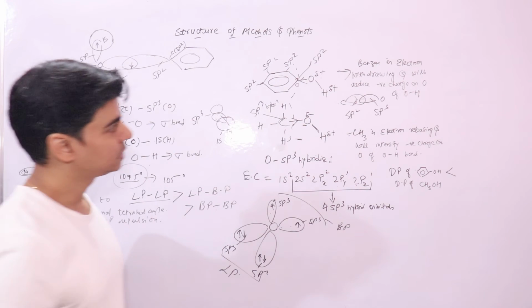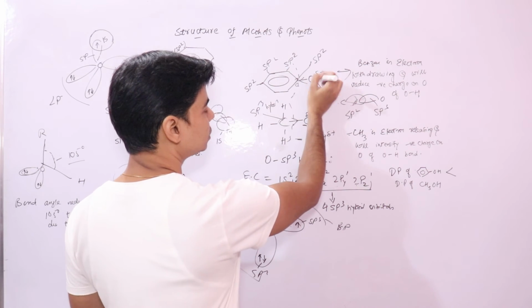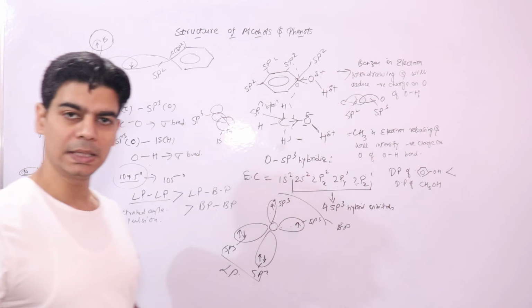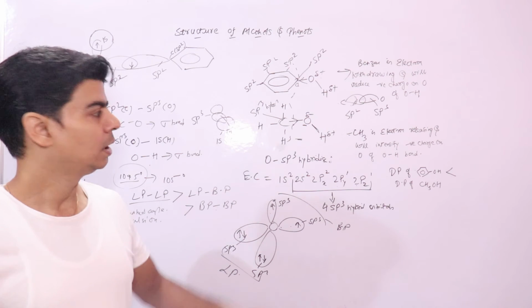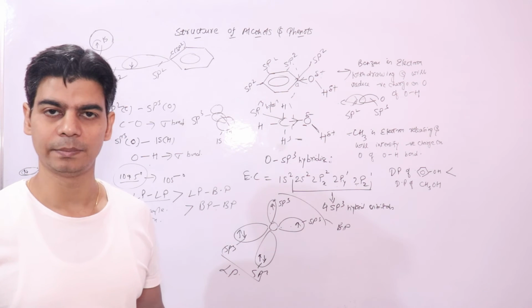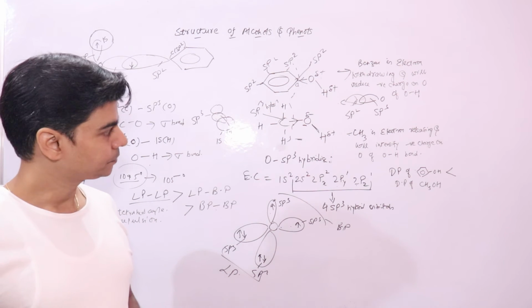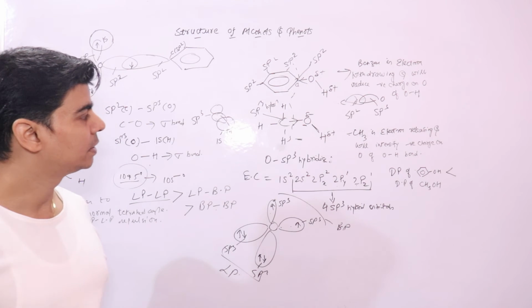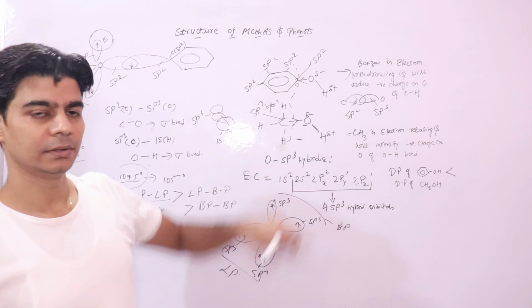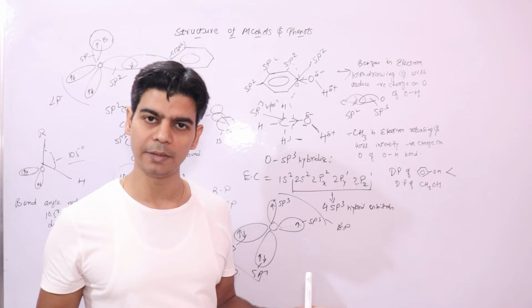Why? Because you have less charge now on this oxygen atom, right? Less charge means less dipole moment. Now this bond is less polarized, right? And we know that dipole moment depends on the polarity. The more the polarity, the more is the dipole moment.